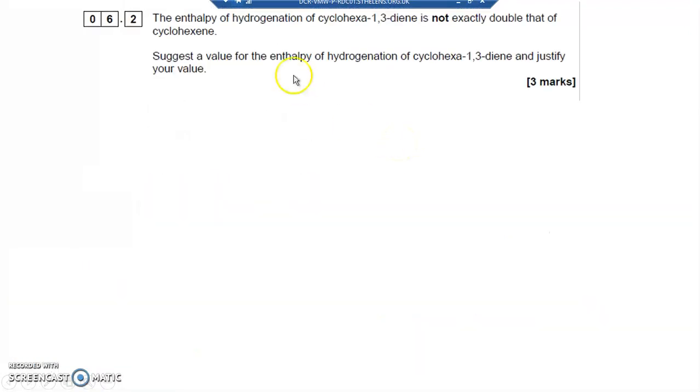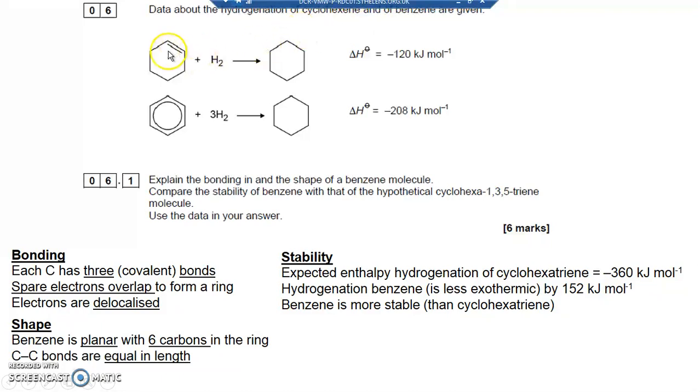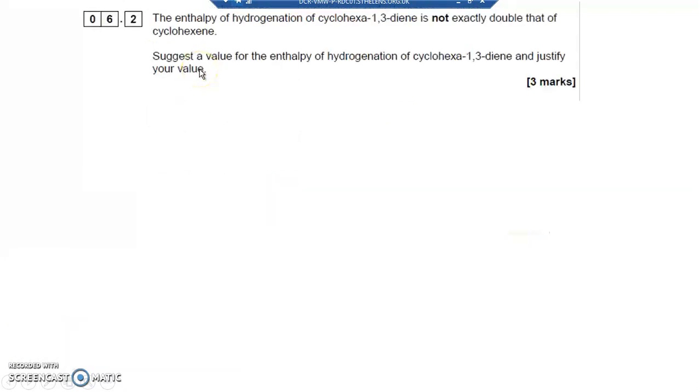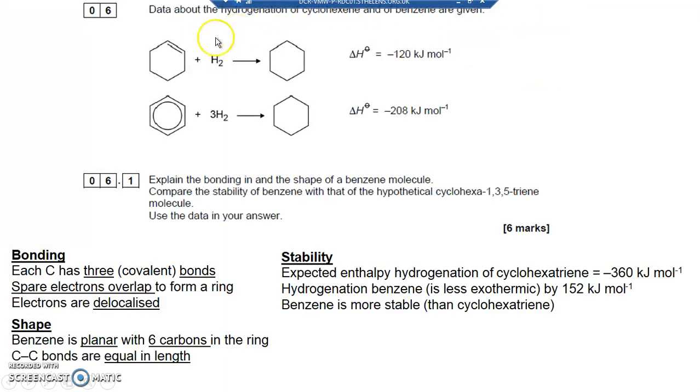A tough question. The enthalpy of hydrogenation of cyclohexa-1,3-diene, so that will be a double bond, then a single bond, and a double bond, is not exactly double that of cyclohexene. So cyclohexene, when we add a hydrogen across the double bond, it's minus 120.